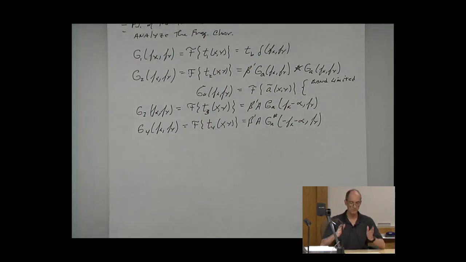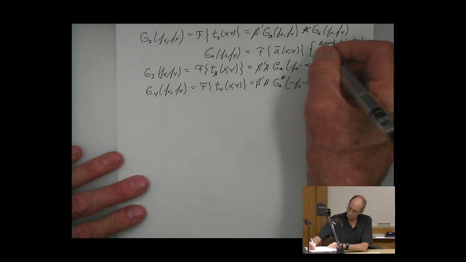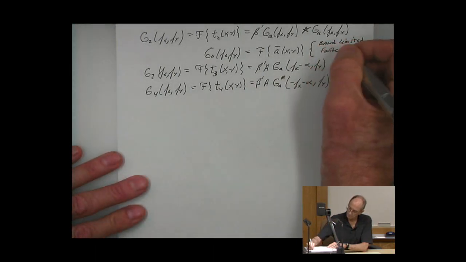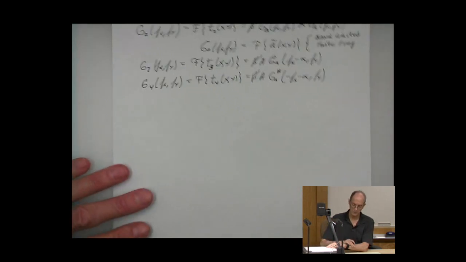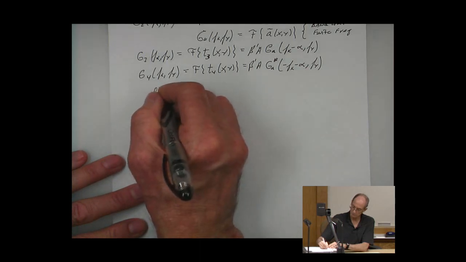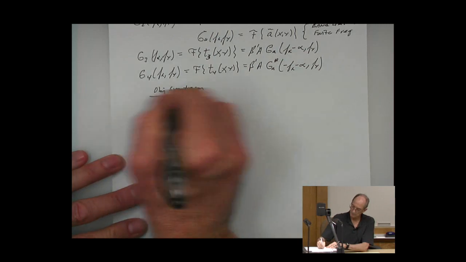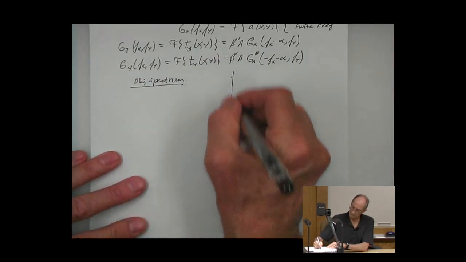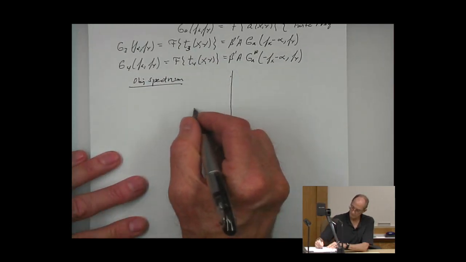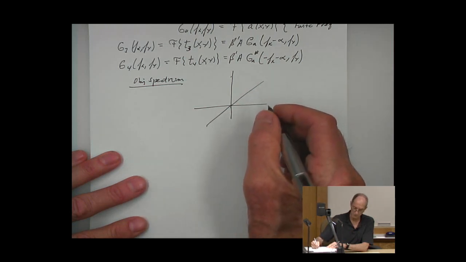It has a finite frequency range. And so we can represent this object spectrum in the following manner.